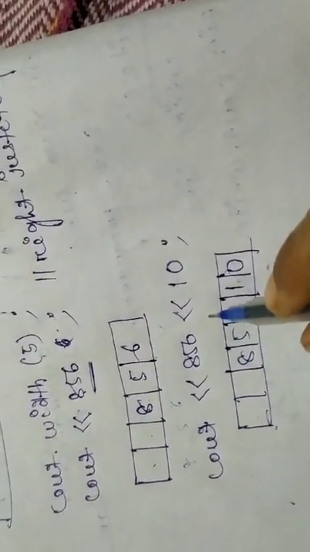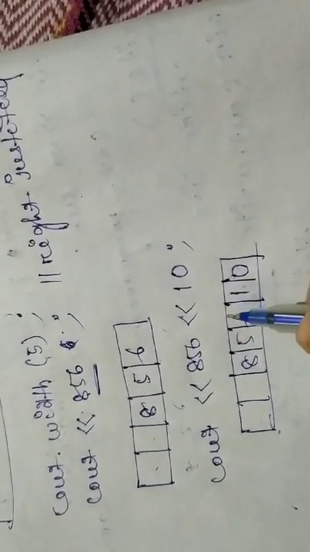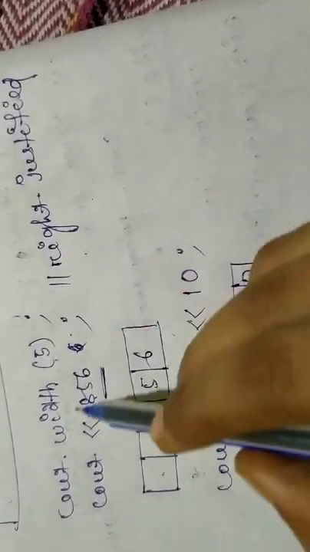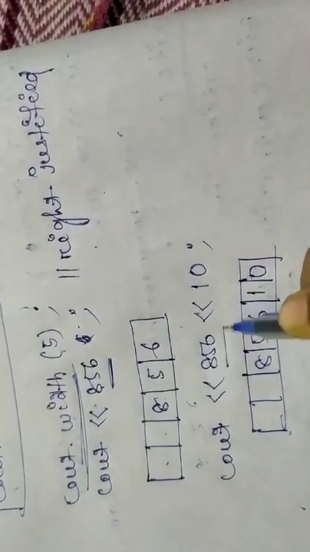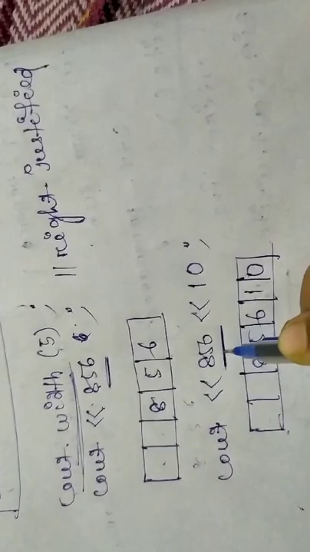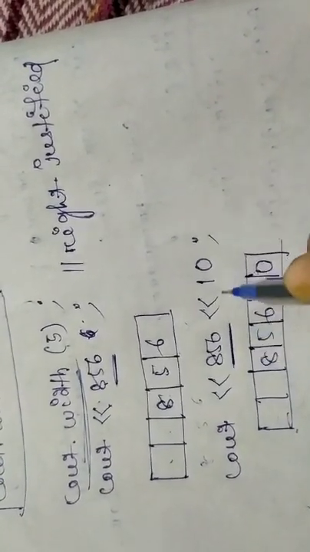Because the specification of this cout.width(5) is only used for the first number, not for 10.